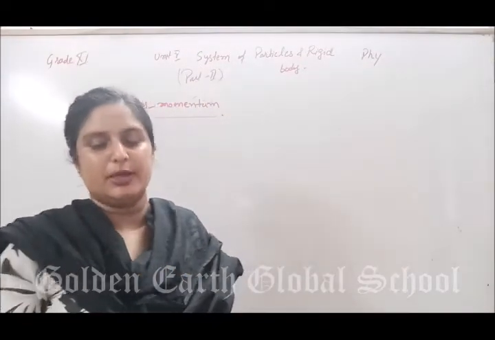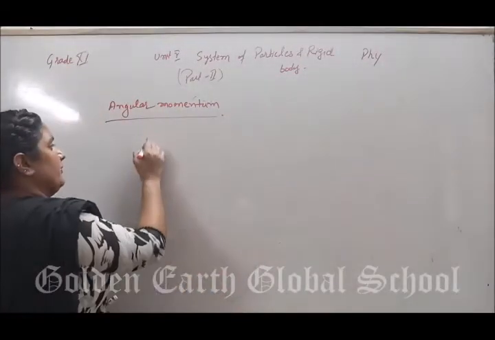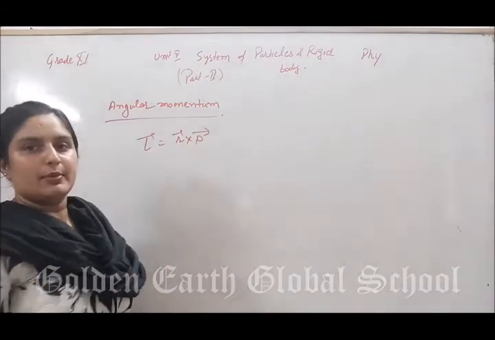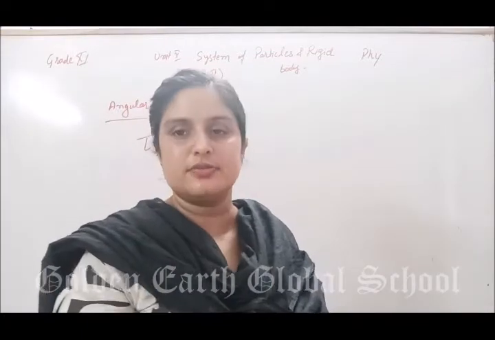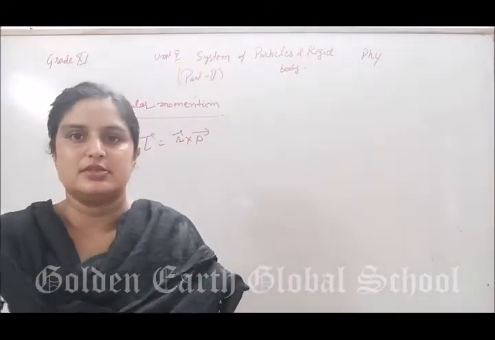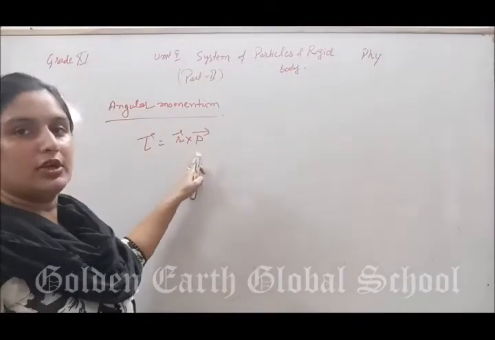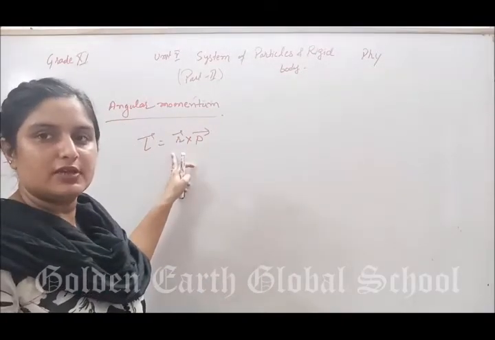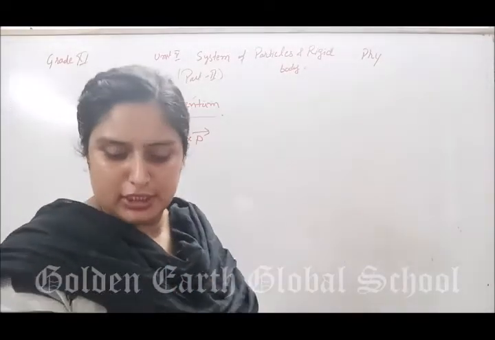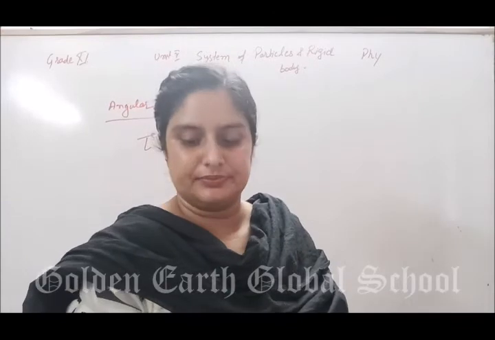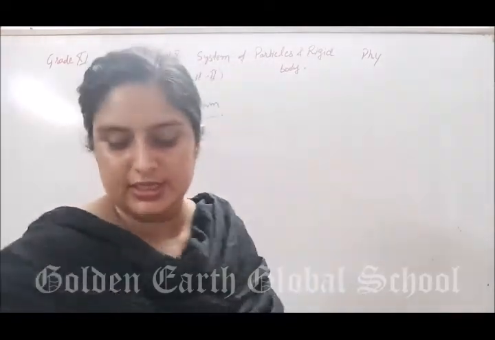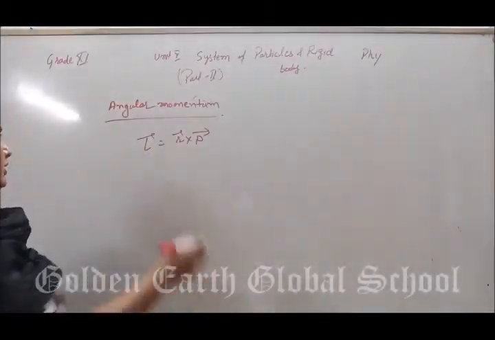The angular momentum is denoted by L and it is given by the product of the radius of the circle in which the particle is rotating and the linear momentum of the particle. Clear?